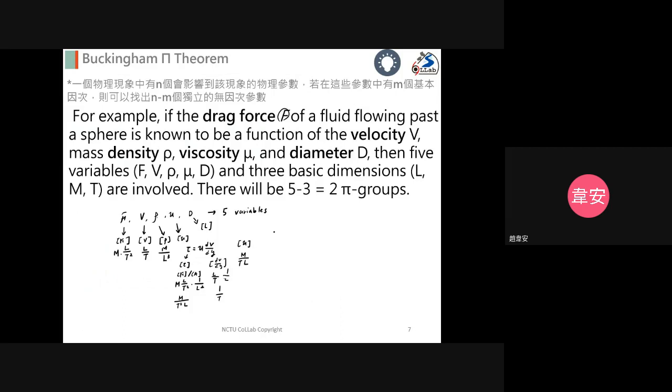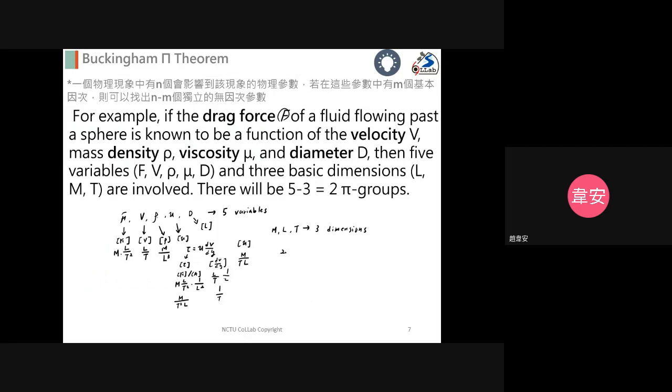We have the mass M, the length L, and the time T. So totally we only have 3 dimensions for our problem.